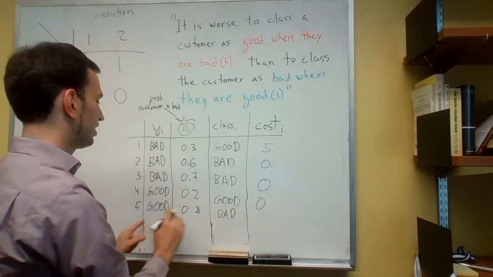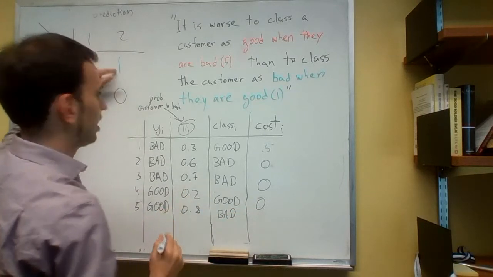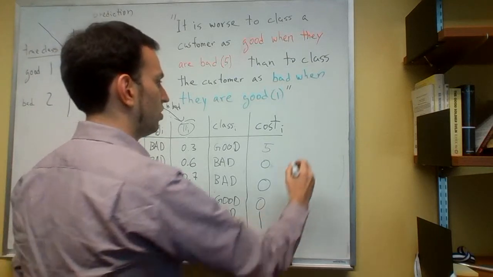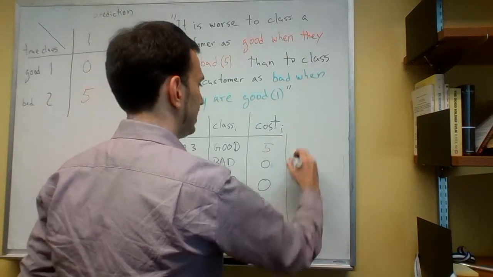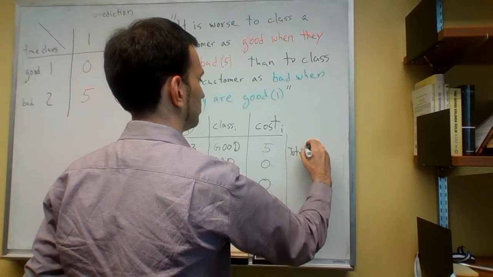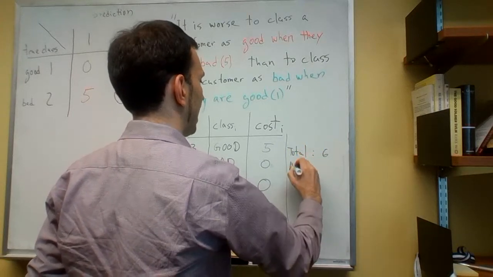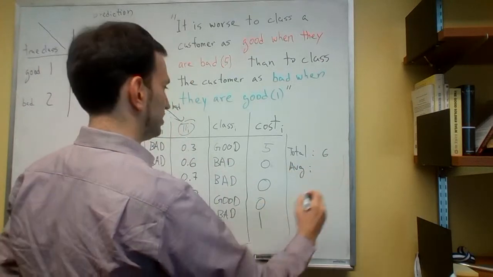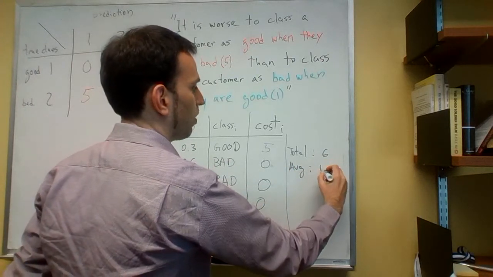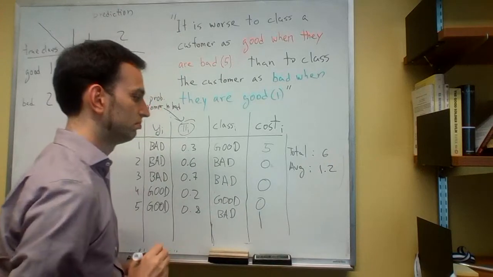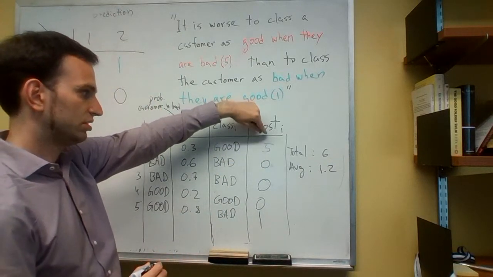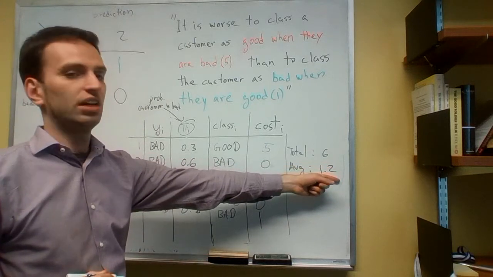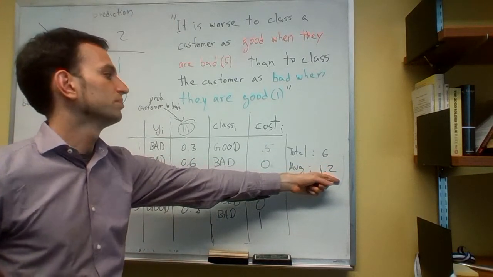Predicting bad when the customer is good costs us 1. So for this data set, the total cost is 6, and the average cost is 6 divided by 5, so 1.2, because the total cost is 6 and you have 5 data points.